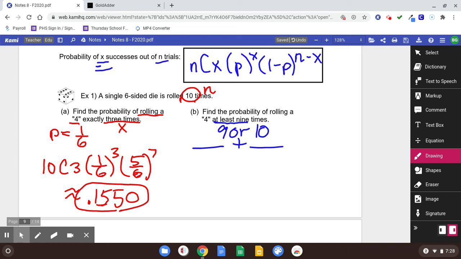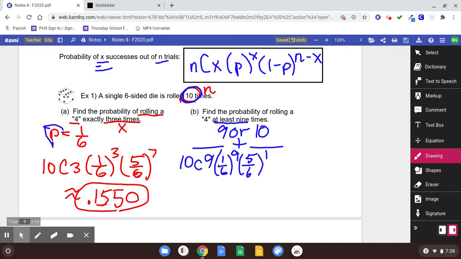So the numbers are still the same. N is still 10, and P is still 1/6. So we're going to do 10 choose 9, times the probability 1/6. That's your success 9 times. And your failure is 5/6, and that's going to happen 1 time. It's got to add up to 10 because there are 10 repetitions of the experiment.